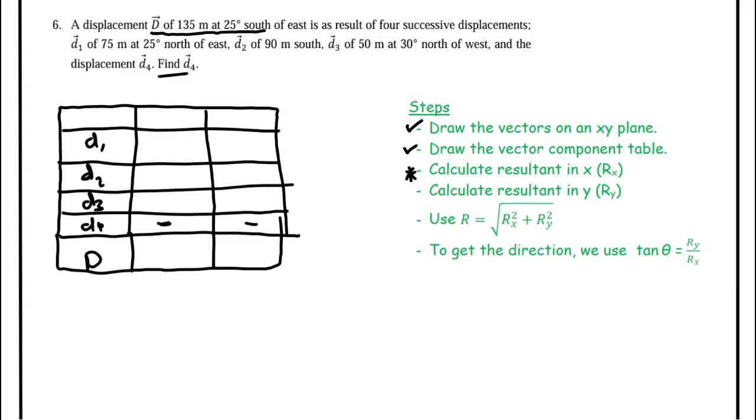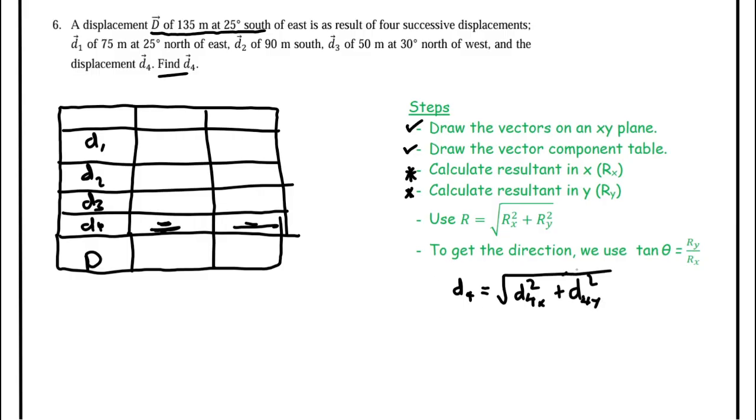We'll follow the same procedure, but in this case we'll find the resultant for d4 in x, which is going to be here, and the resultant for d4 in y, which is going to be here. We'll use the same formula, except d4 is equal to the square root of d4 in x squared plus d4 in y squared.